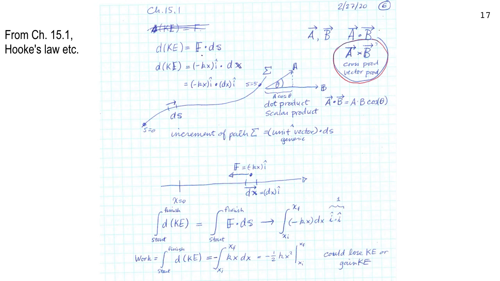So if you're out here, go ahead and put a dot up here above the line. If you're out there, your force is going to be of some magnitude. So this is your oscillator force, which is going to be equal to minus kx times i hat.